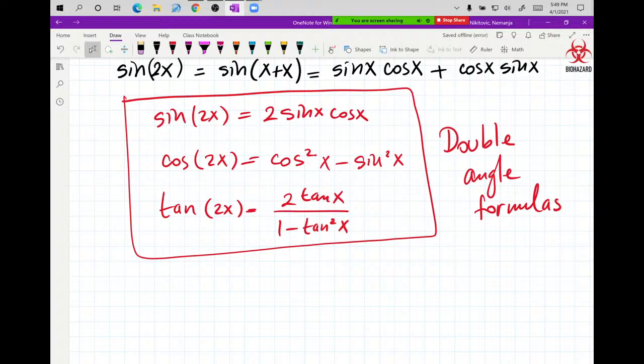The double angle formula is going to be used for something that you don't have the values for, given in your basic 0, 30, 45 degree, 60 degree, and 90 degree, right? So we'll see the examples when we get there.